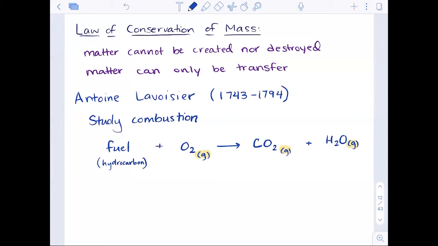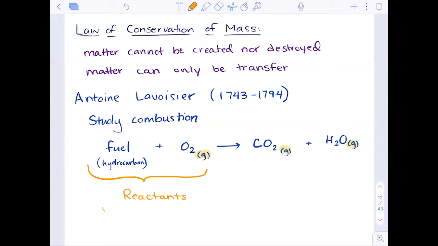Now, with combustion, Antoine Lavoisier did a couple of very important experiments. Namely, what he did was he studied combustion with careful measurements of the mass of all of the objects over here. These are called the reactants. Sometimes those are called the starting materials. They're the things on the left.